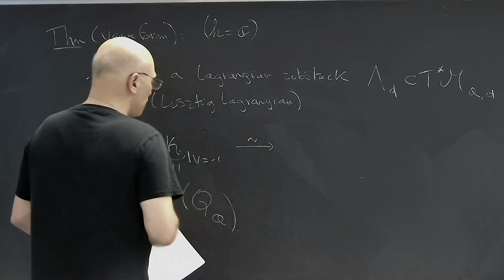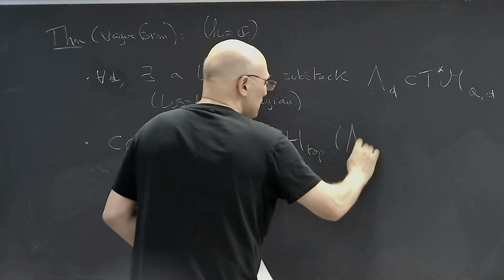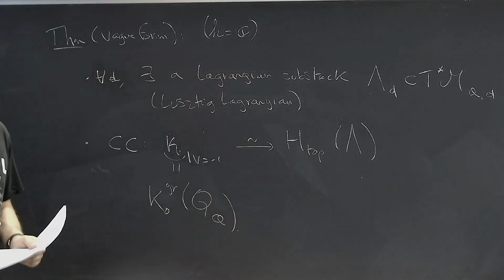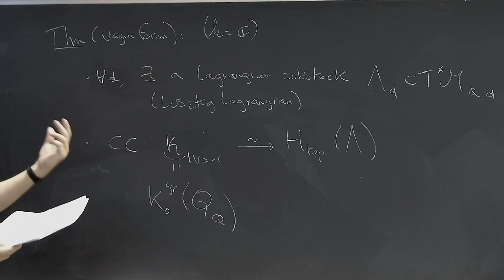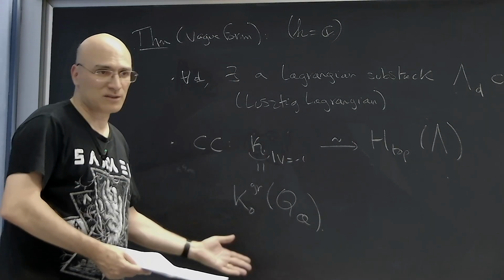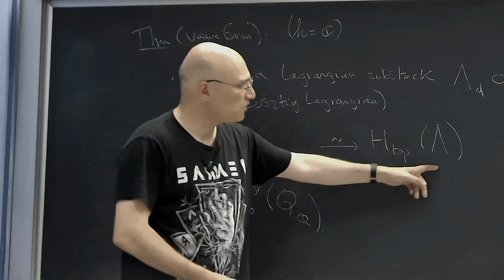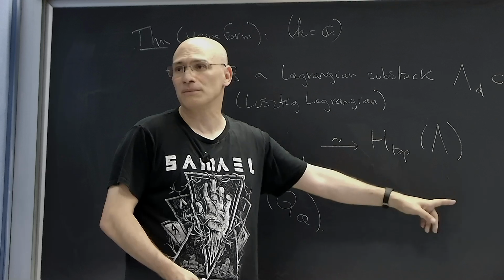And this is an isomorphism with the top homology of this Lagrangian Lambda. Okay, so it's a very nice way to parameterize a basis in here by irreducible components of this Lusztig Lagrangian.